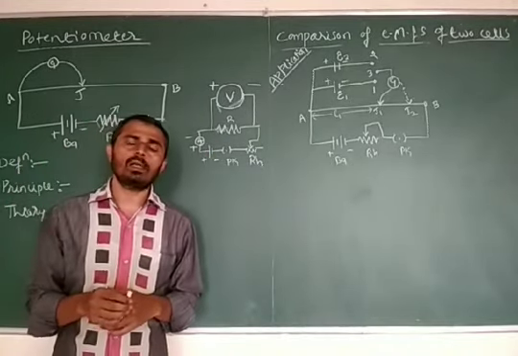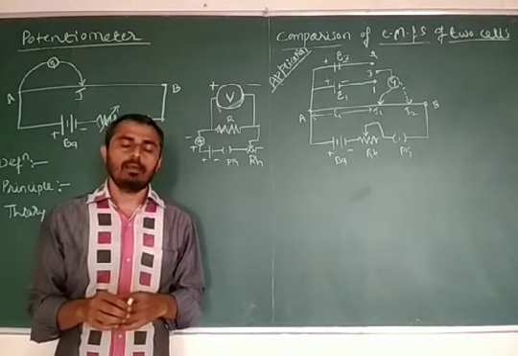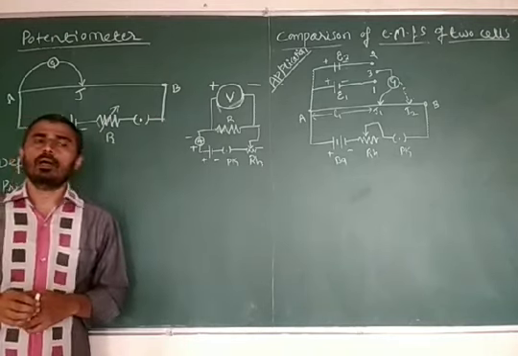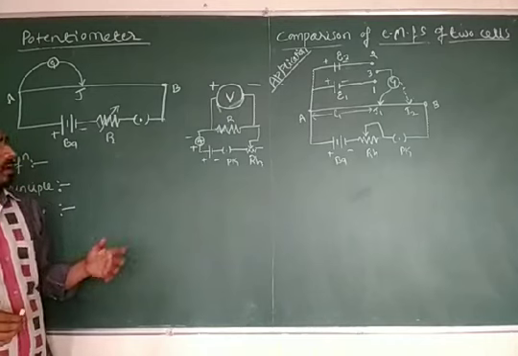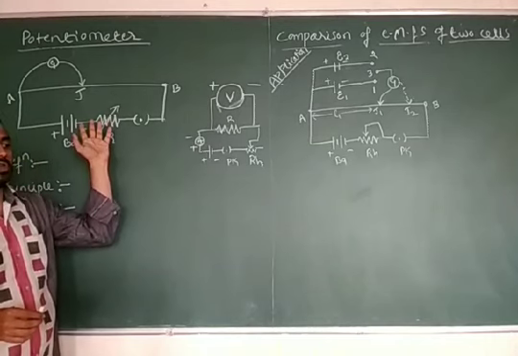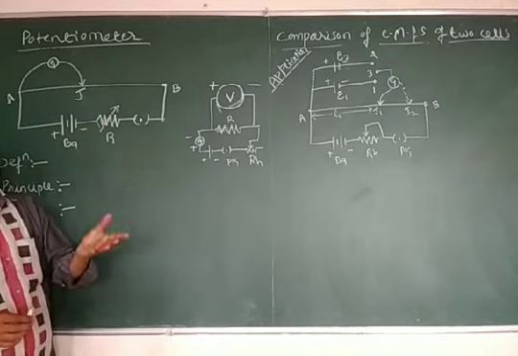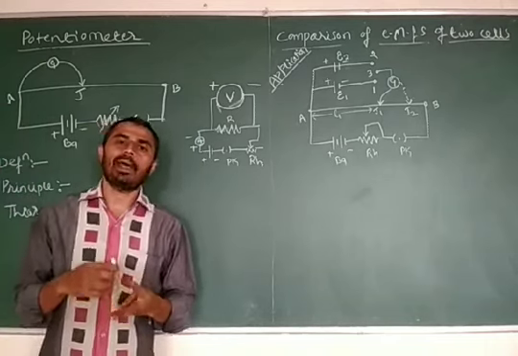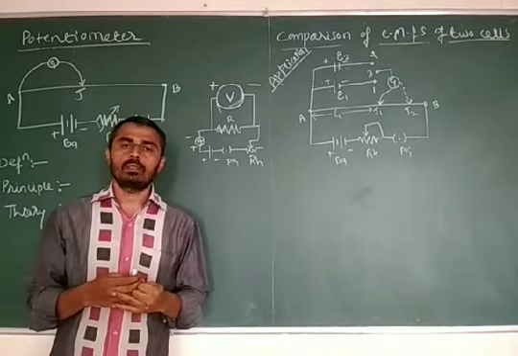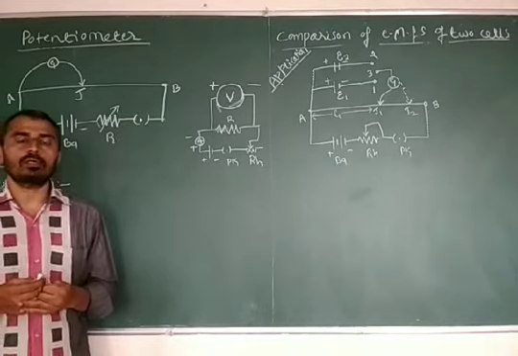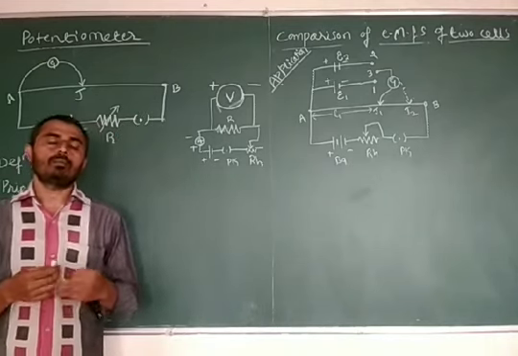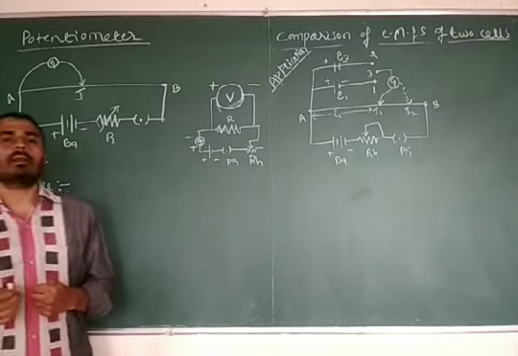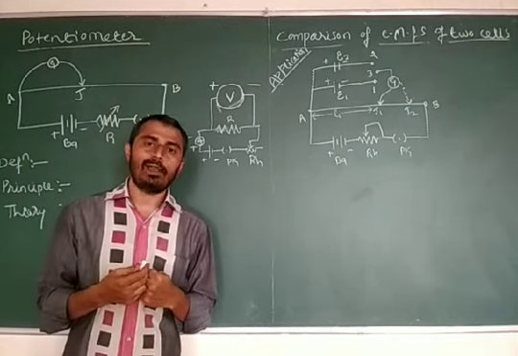The same materials are used as resistors or wires for the instrument. Example: constantan, manganese, nichrome. These are the materials or alloys which offer more resistance, and their temperature coefficient is also low.